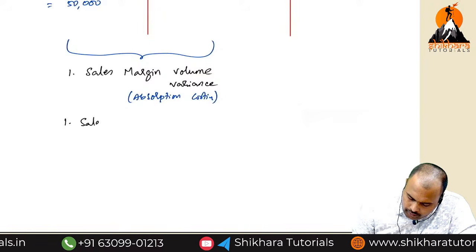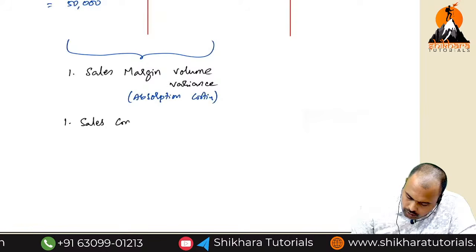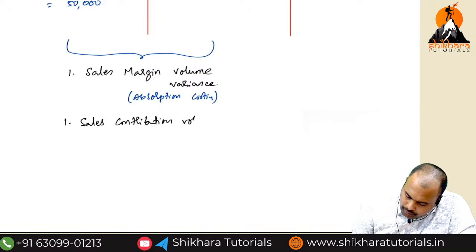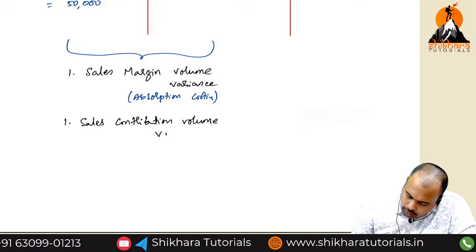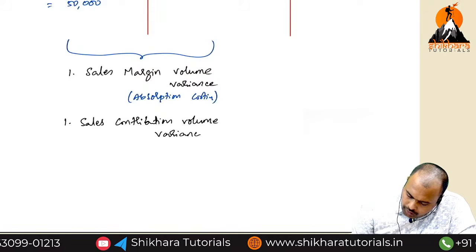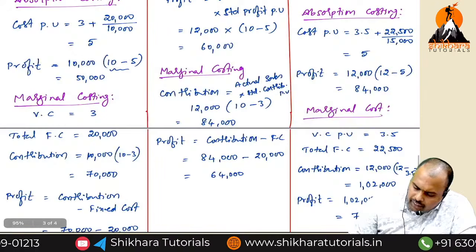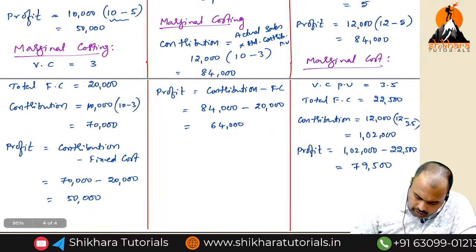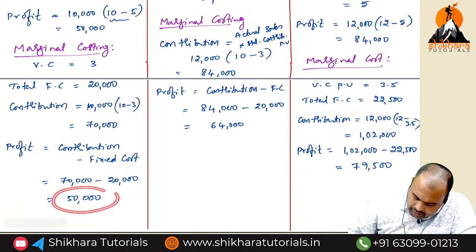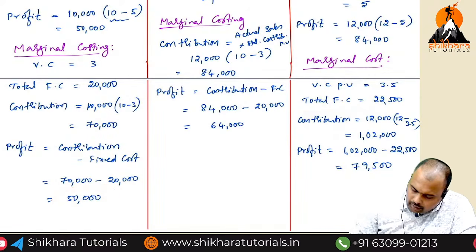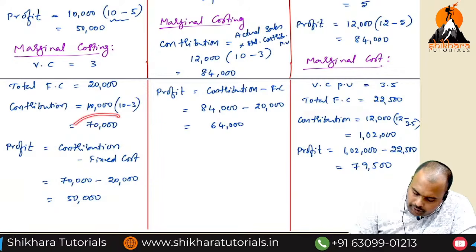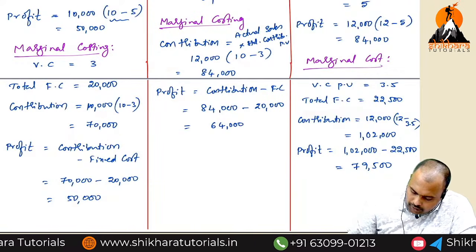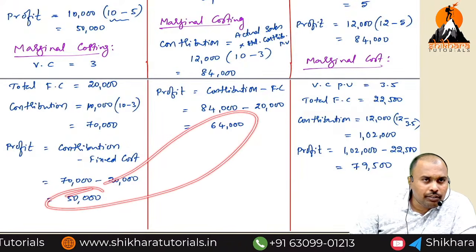Sales contribution volume variance. What is the difference between these two? Contribution is changing by how much? 14,000. Your profit also changes by the same 14,000.